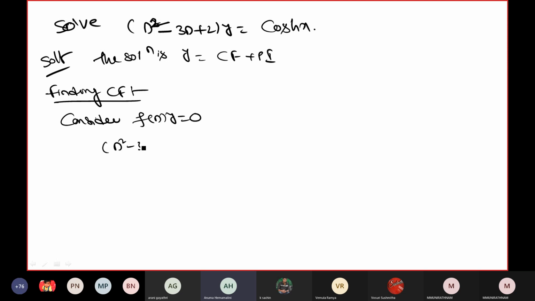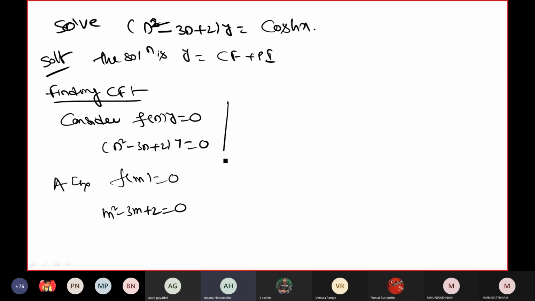D square minus 3D plus 2 into y equal to 0. Then the auxiliary equation is f of m equal to 0: m square minus 3m plus 2 equal to 0. m equal to 1, 2, right? Therefore CF equal to C1 e power x plus C2 e power 2x.